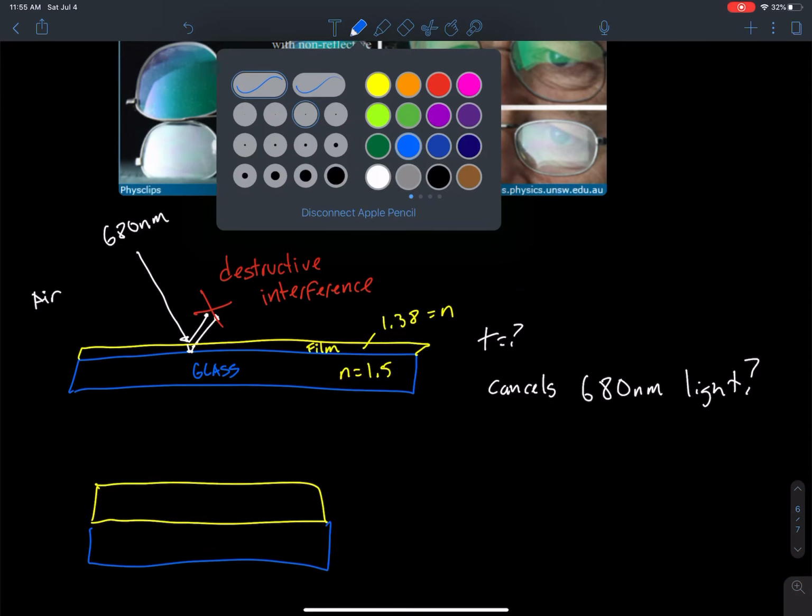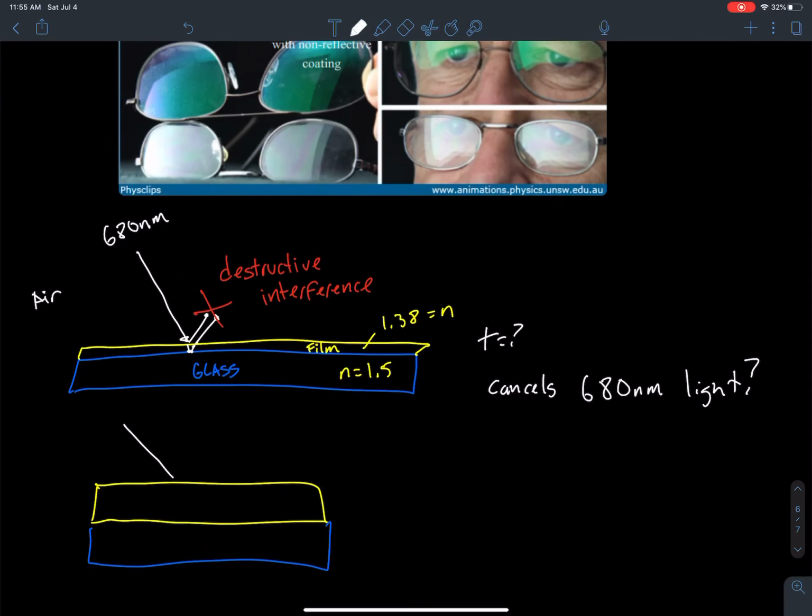Okay, so what we're looking at is that situation, and that would be rays 1 and 2. They're going to overlap.